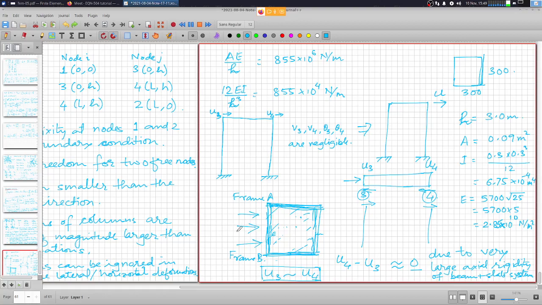So how is this load going to be distributed? Now the cross section dimensions of frame A may be different from frame B. We don't know.